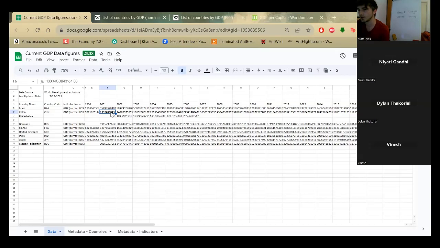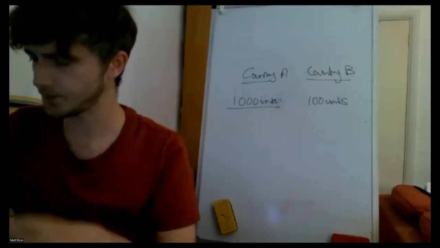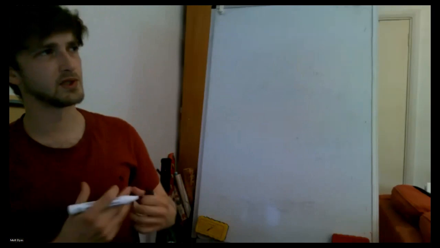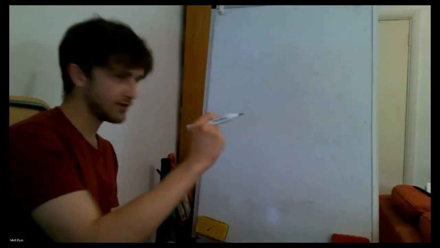So all we've done is pick a base, and remember, to get the base value to 100, you just divide by itself and then multiply by 100. And then to convert everything else, you also just divide by the base and multiply by 100. So basically, I'll put this on the board actually. If we want to put it as an equation to convert any set of numbers to index numbers, first pick a base.